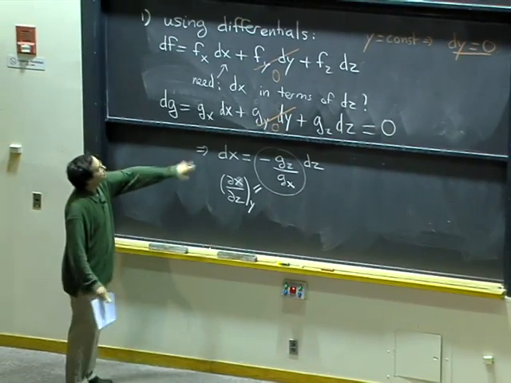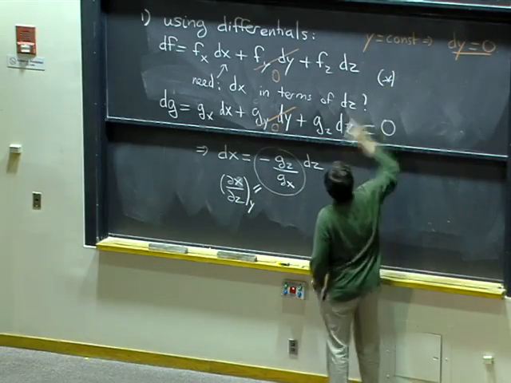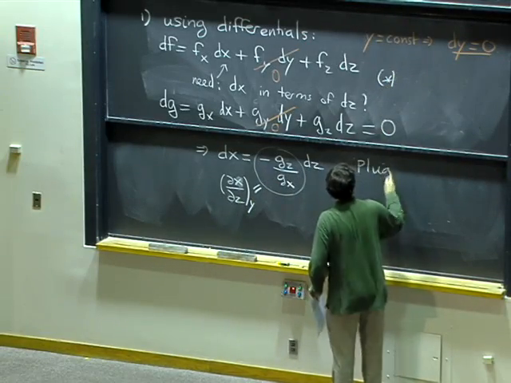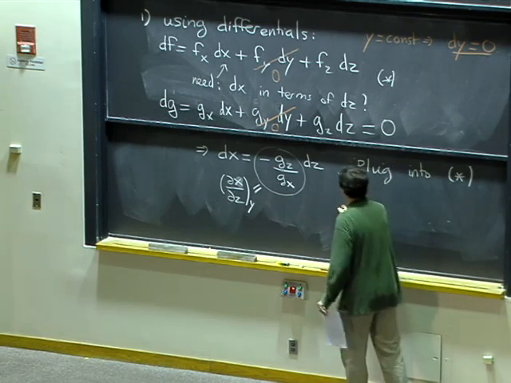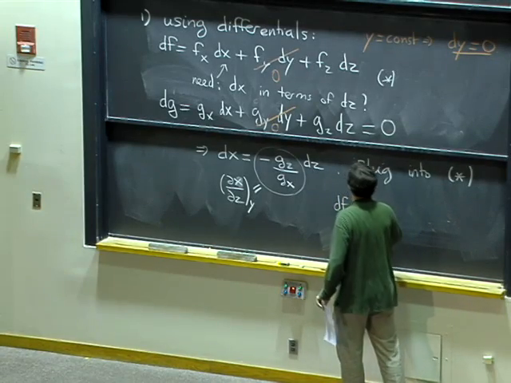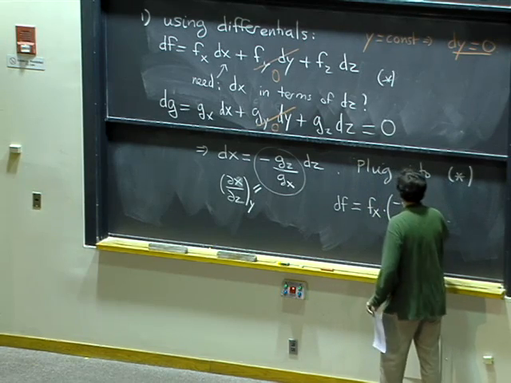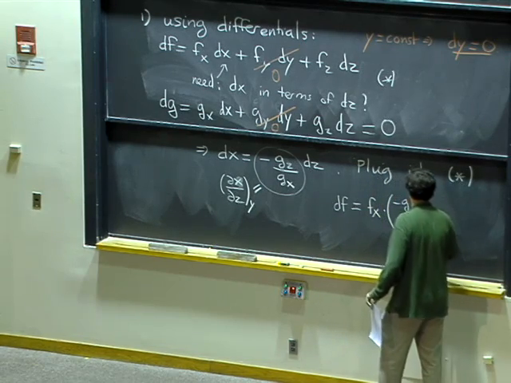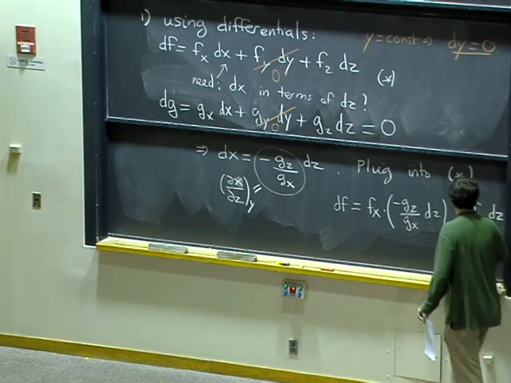So now when we know that, we are going to plug that into this equation. And that will tell us that df is f sub x times dx. Well, what is dx? dx is now minus gz over gx dz plus fz dz.